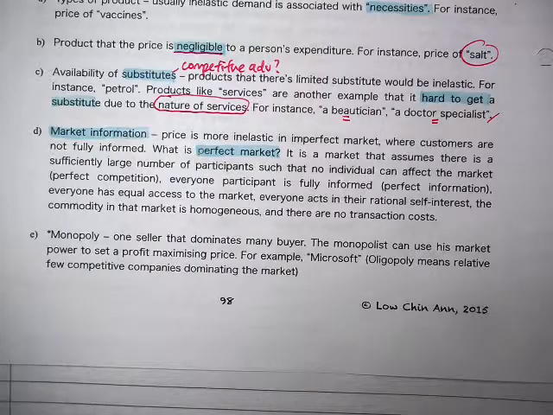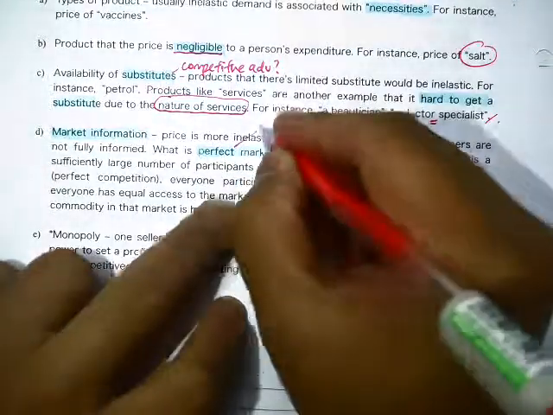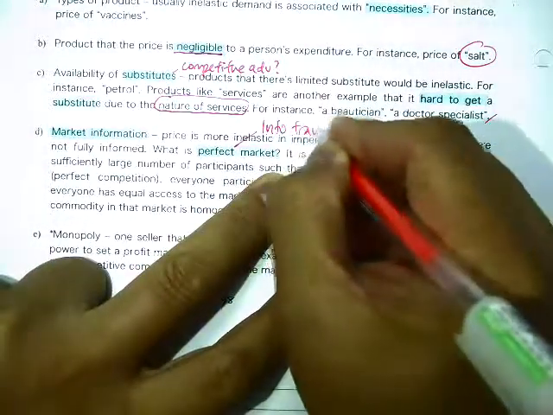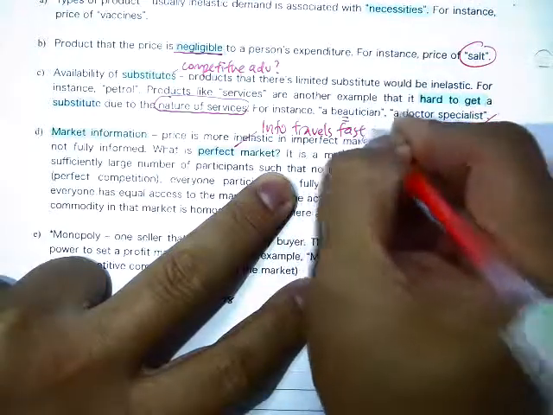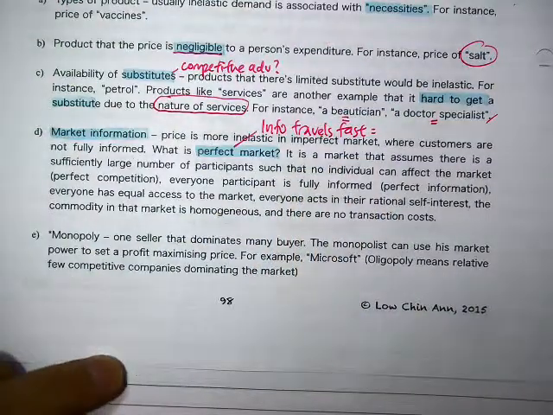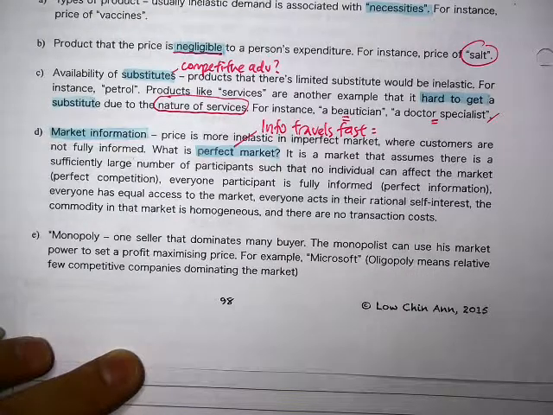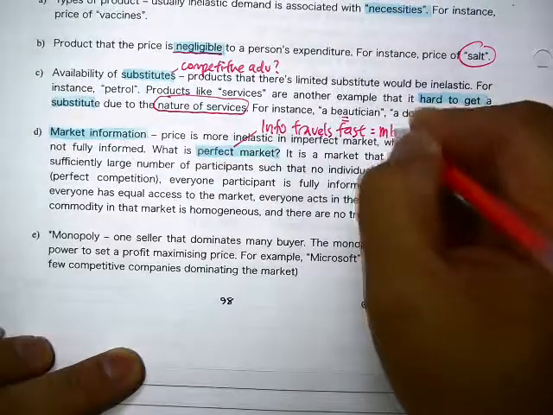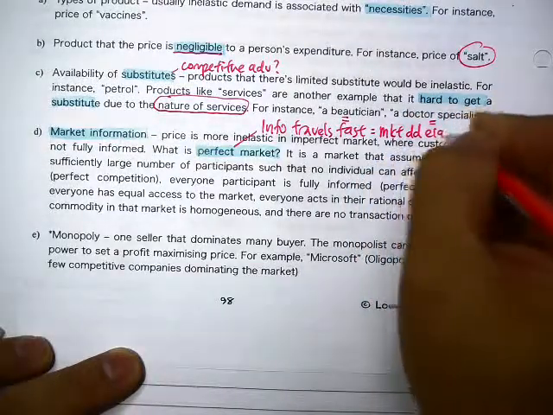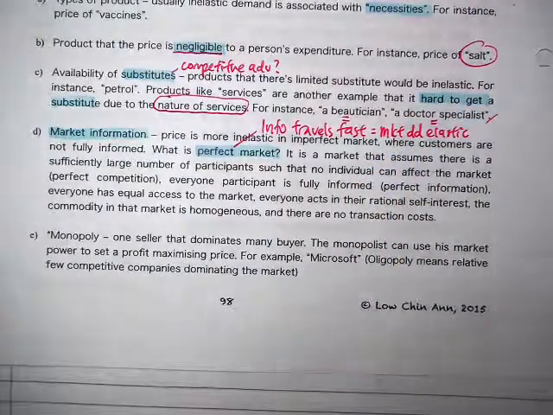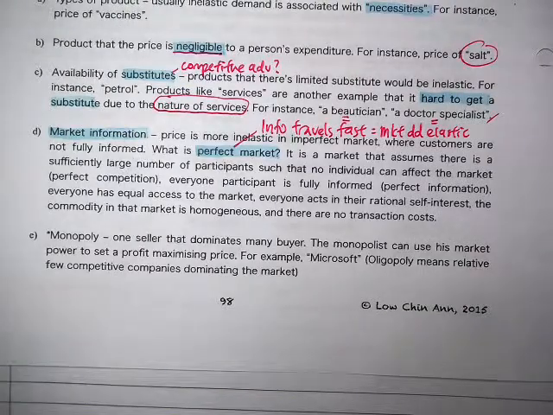Okay, now when you have a perfect market, information travels very fast. Now then market demand becomes elastic. Okay, why? Because you have a choice.